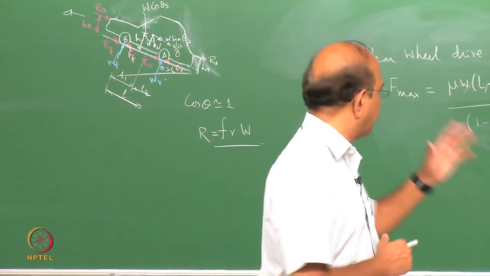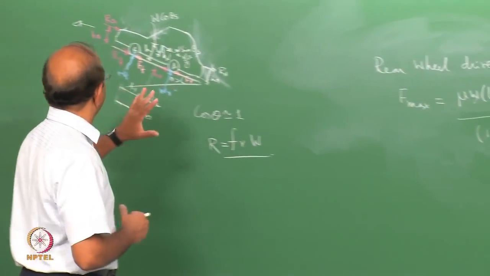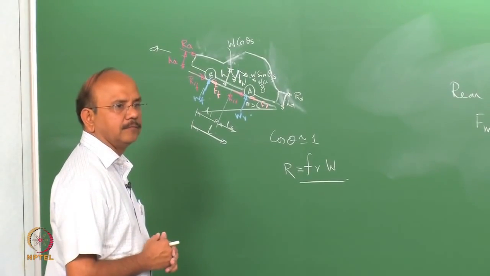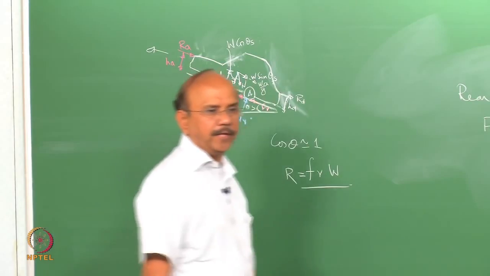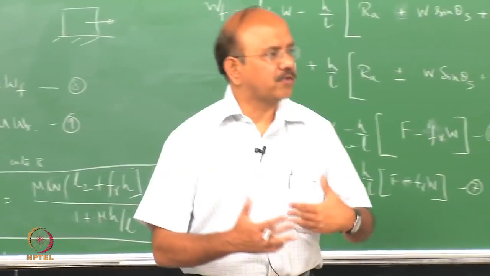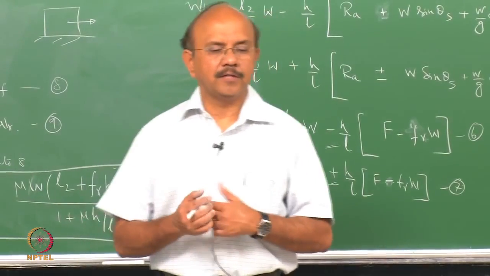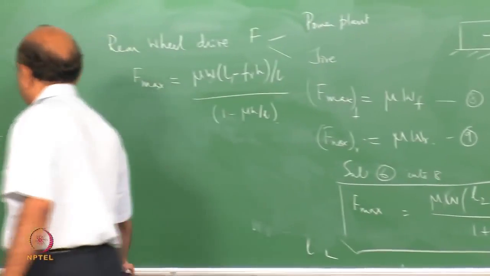This is the maximum force and braking becomes very important. The forces that are acting are all the same for braking except that there is not going to be a traction force, but there is going to be a braking force. So the braking force will be in the opposite direction.